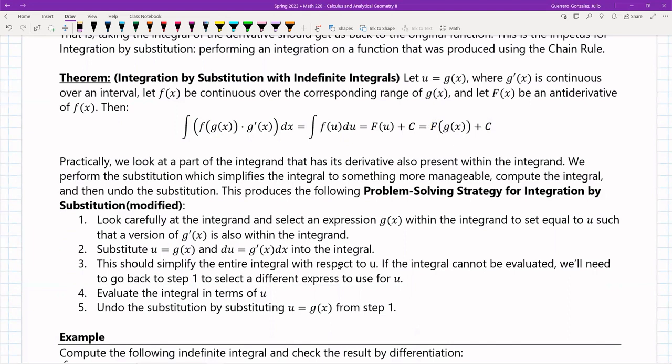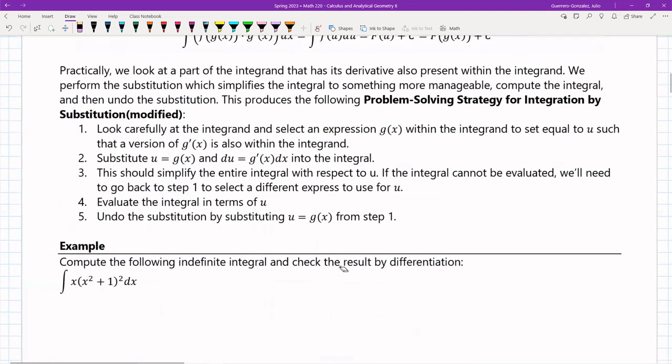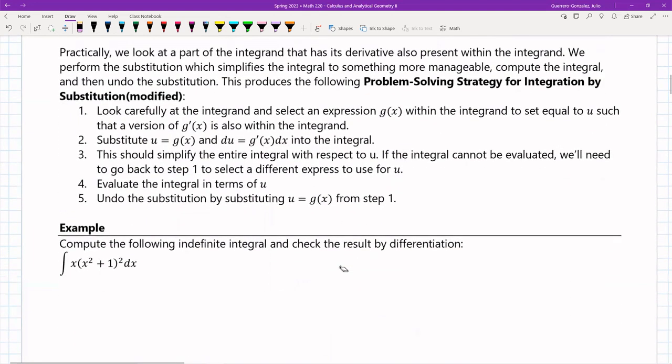So there is a strategy to how to find these. This is the one that I believe is in the book. I think I might have added a couple more steps here and there, but it's all the same. The first thing that you would want to do is carefully look at the integrand and select an expression g of x.